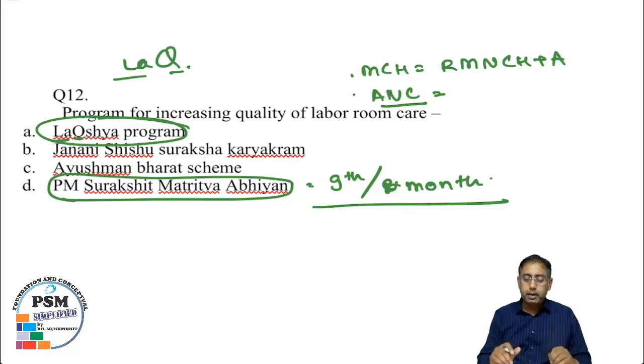Ayushman Bharat scheme, I think we have had a couple of videos on that also. So if you have not watched, you can just go to the video section and watch the recently launched program videos. You'll find a lot of questions on Ayushman Bharat.